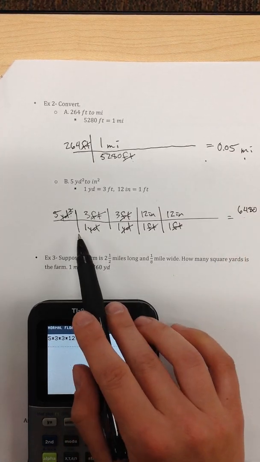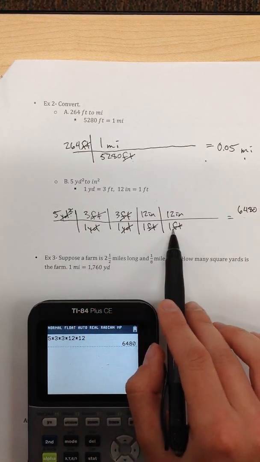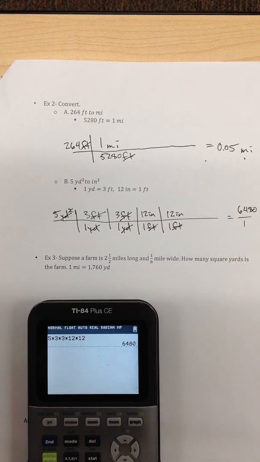And then my bottom would be 1 times 1 times 1 times 1, which is just 1. So that can just go away. 6,480 inches squared is the same as 5 yards squared. Okay?